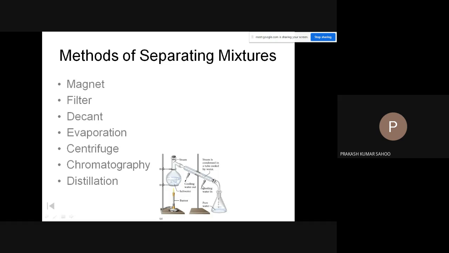These 2 points are cooling water points, where cold water flows through, and the water vapor gets cooled and is converted again to ordinary water, sorry, converted to liquid state.